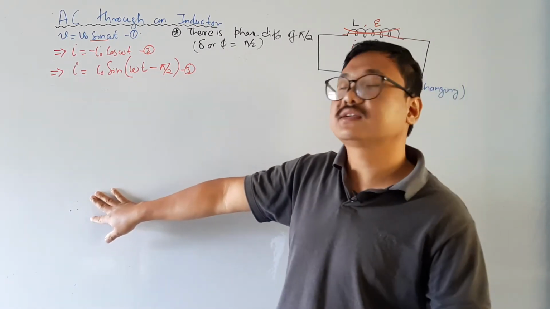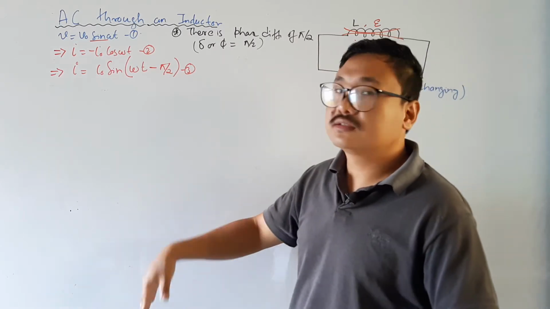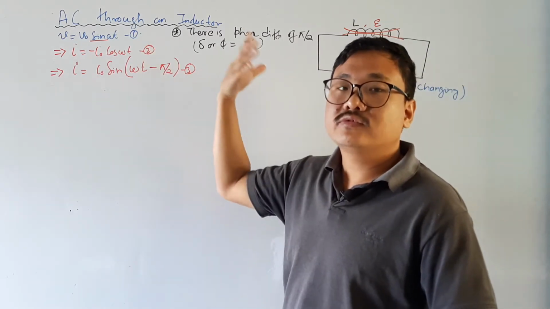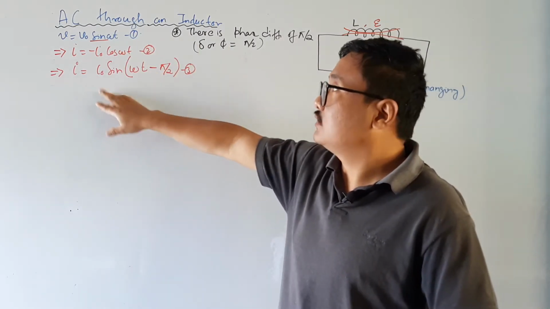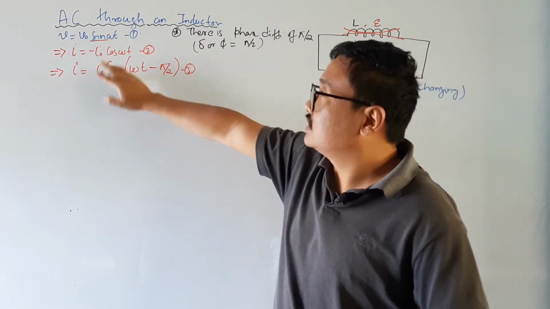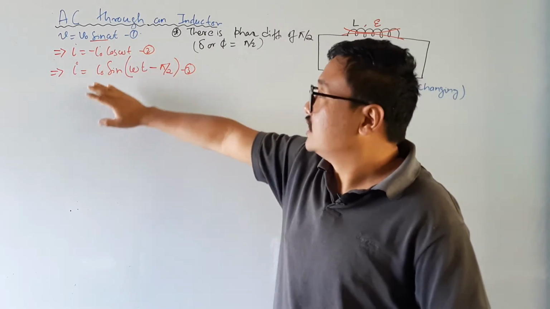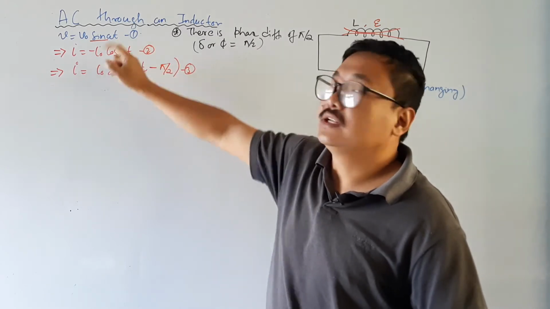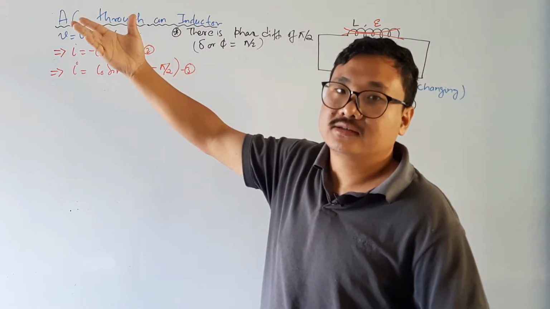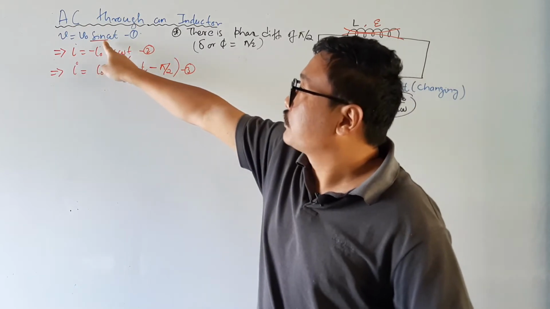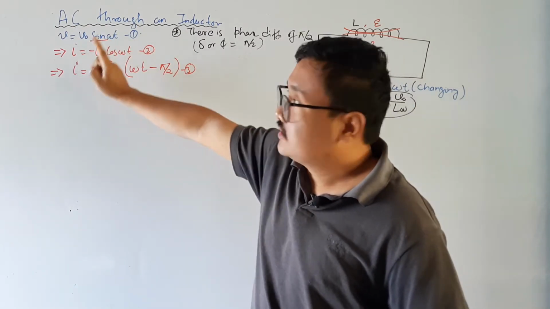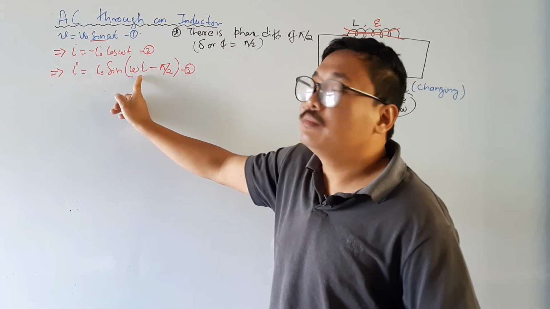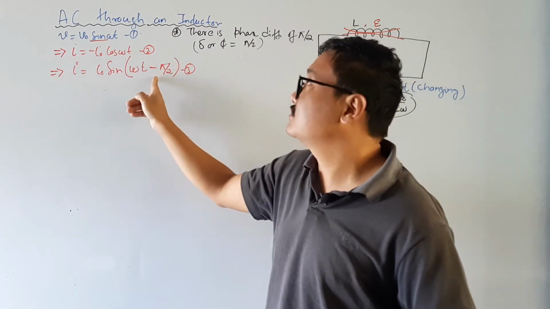Now can you tell me which one is lagging and which one is ahead, which one is behind? Just looking at this equation, we can say that current is lagging, which is behind, and the voltage is ahead. Why? In voltage I have sine omega t, in current I have sine omega t minus pi by 2.